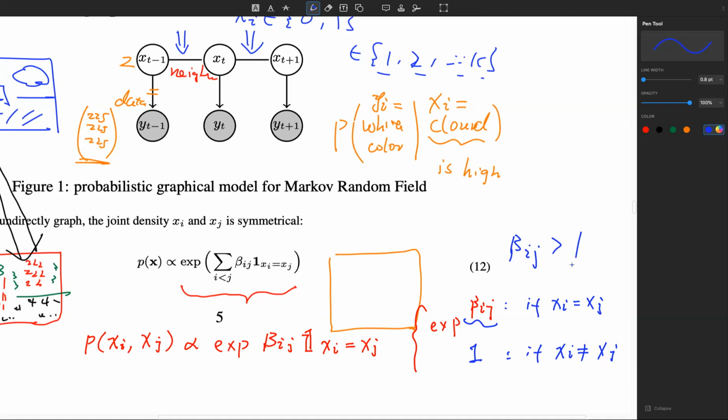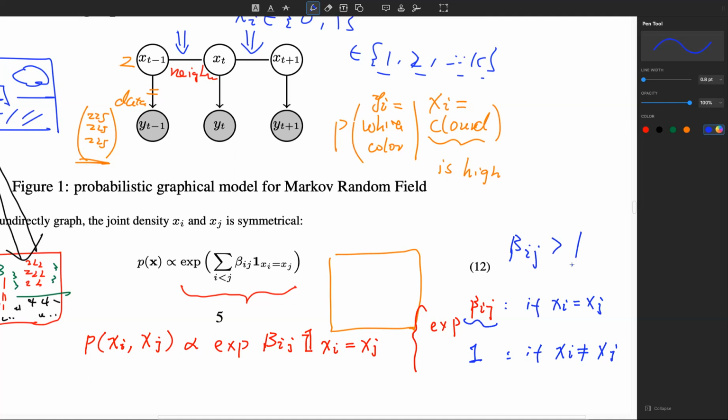So that's a Markov random field, which I think has been used in image segmentation for many decades. Any questions about that? The important thing to realize is that when you have an undirected graph, you are usually specifying some kind of joint energy between the two, and the conditional densities are symmetrical.